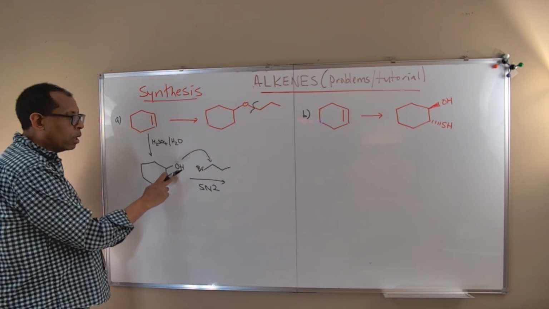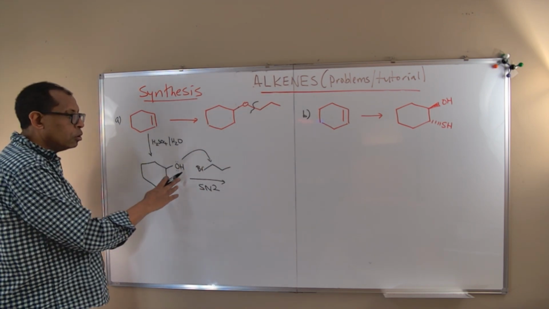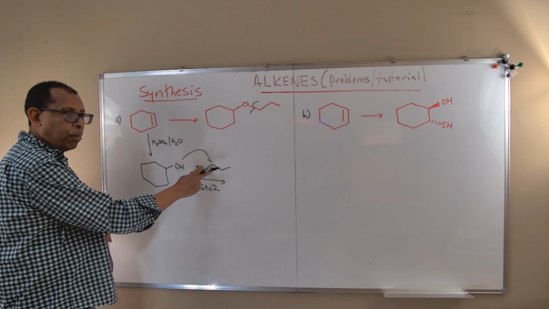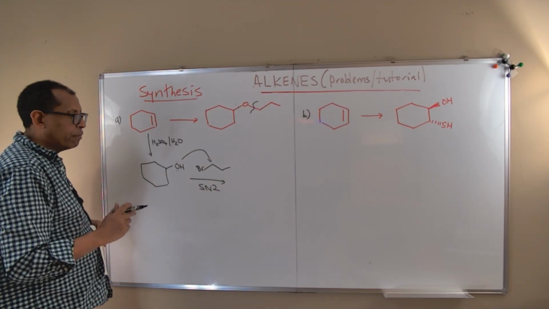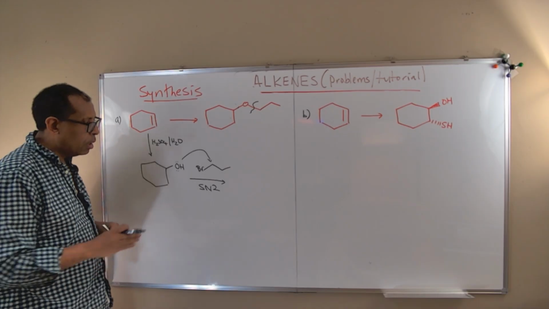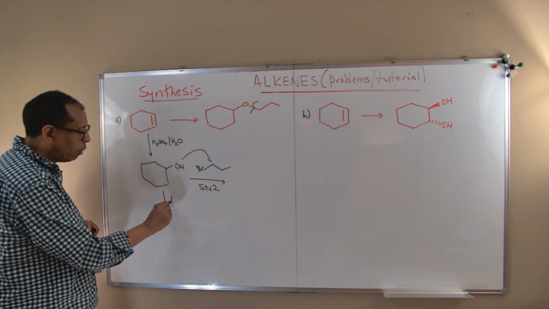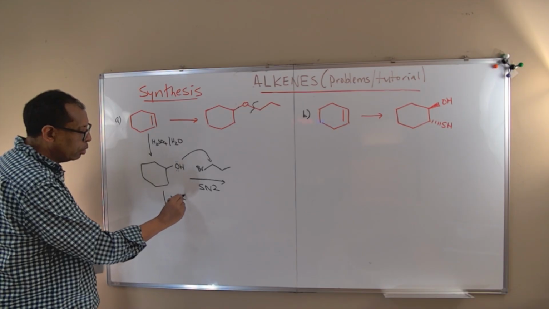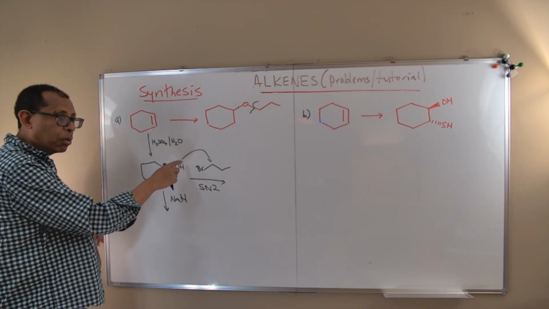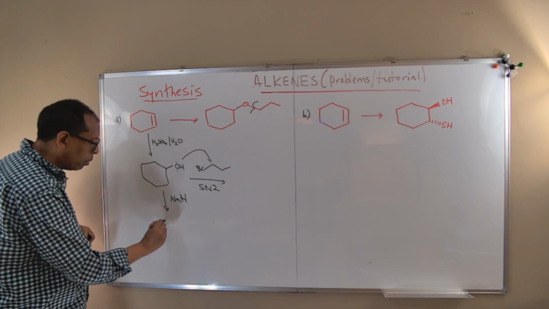But the alcohol is not strong enough to kick out the bromo compound. What we have to do before that is take off that proton using sodium hydride to form the alkoxide.